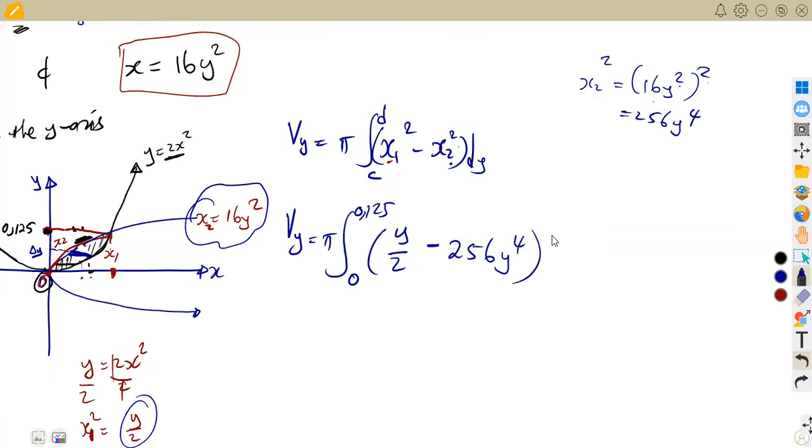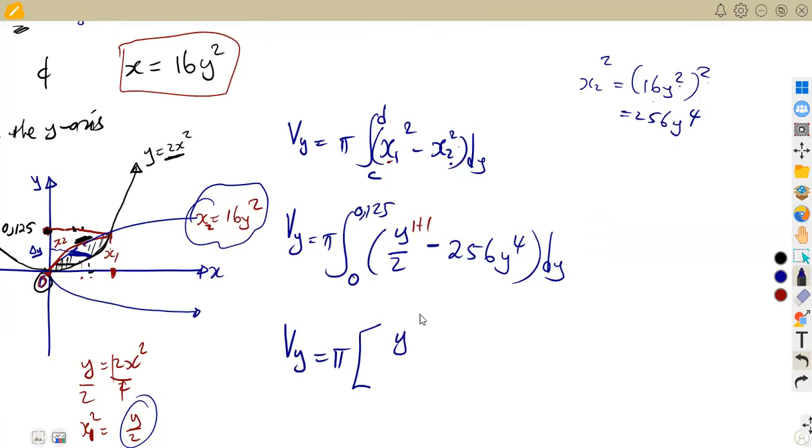This is what we are going to integrate with respect to y. So you can integrate this, then substitute our limits. That will be pi in this case. Remember, here we're just going to add 1, this is 1 plus 1, which is 2.